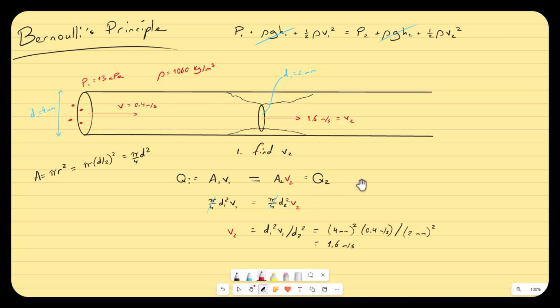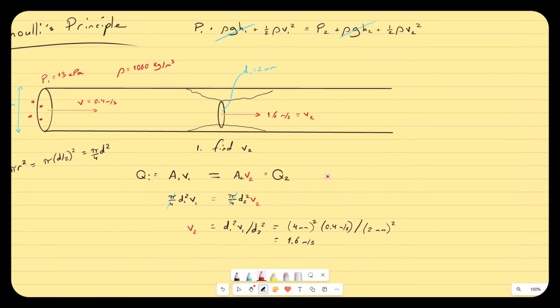And now I want to find that pressure. Pressure 1 plus half rho V1 squared equals pressure 2, which I'm looking for, plus half rho V2 squared, and I have all these numbers now.